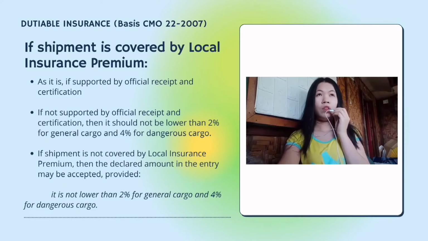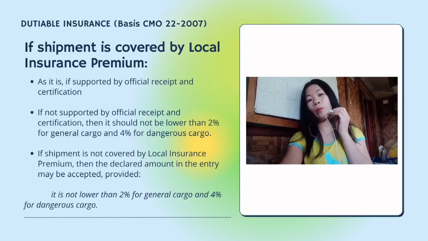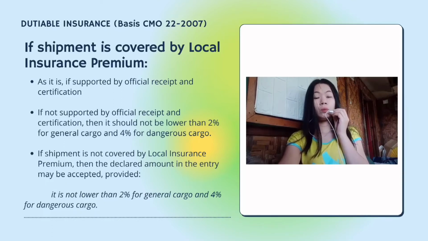So if the shipment of goods kay dili siya supported by official receipt or any certification coming from the insurance, a local insurance premium, so ang iyang insurance kay should not be lower than 2% for general cargo and 4% for dangerous cargo.